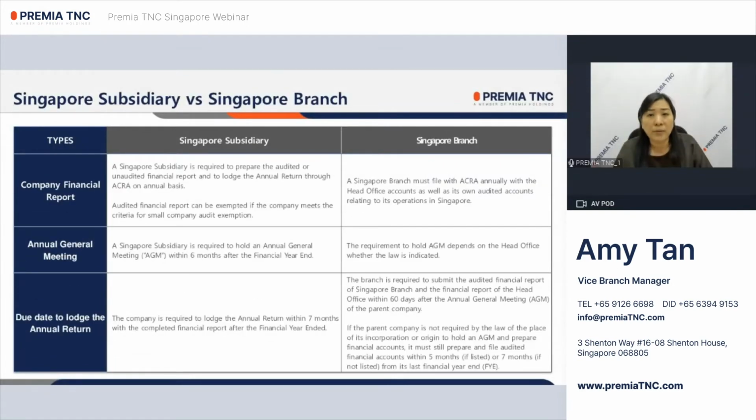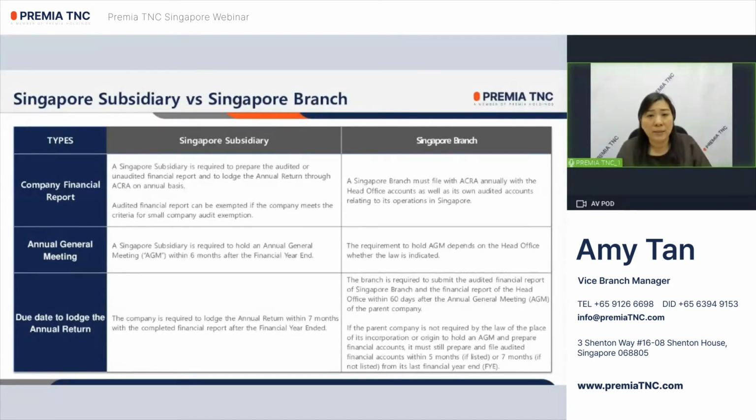Our next comparison table will talk about company financial report, annual general meeting, and due date to lodge the annual return. Under the company financial report, a Singapore subsidiary is required to prepare the audited or unaudited financial report and to lodge the annual return through ACRA on annual basis.